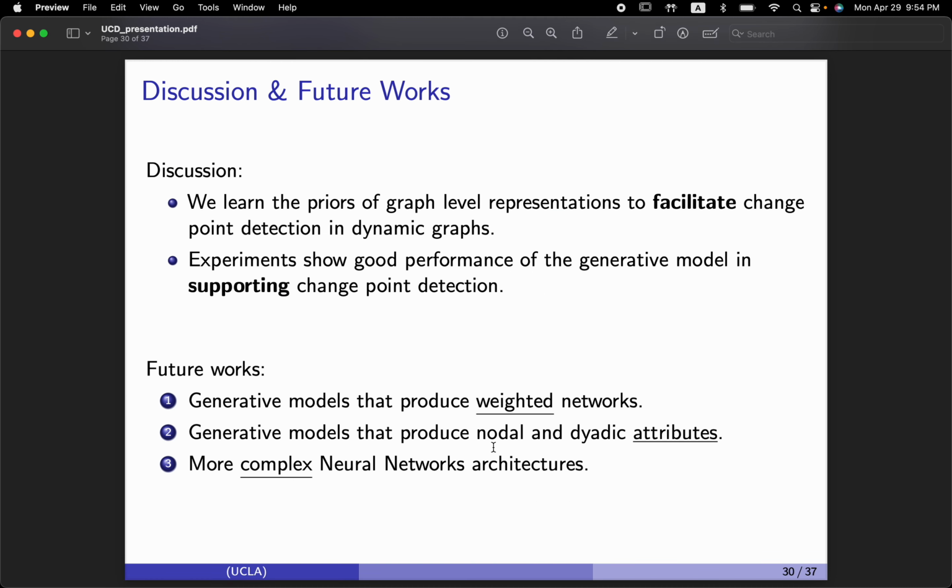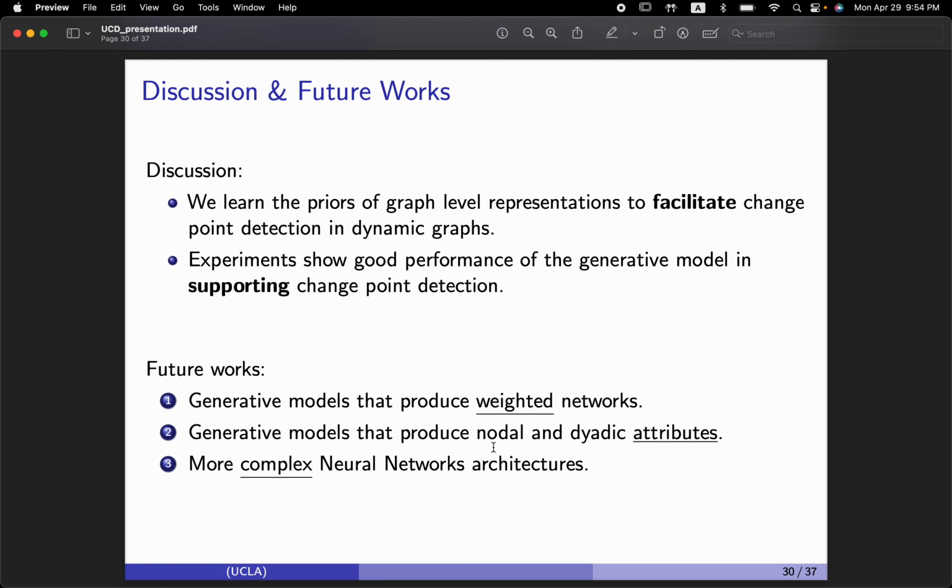Yeah, so this is our work on change point detection in dynamic graphs with generative models. So essentially, we learn the priors of the graph level representation to facilitate change point detection in dynamic graphs. And also, our experiments show good performance of the generative model in supporting the change point detection task.